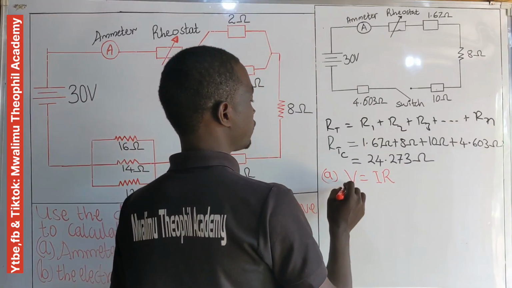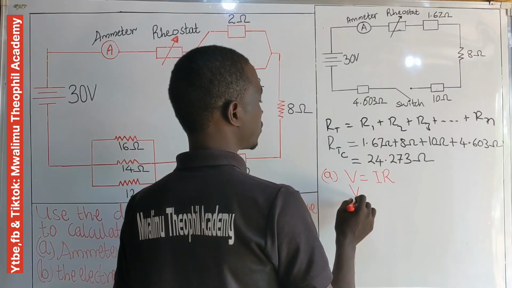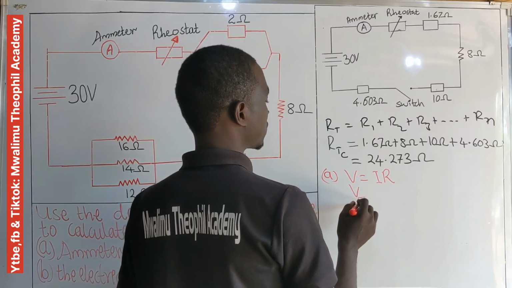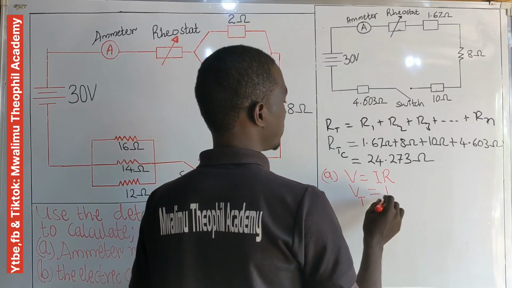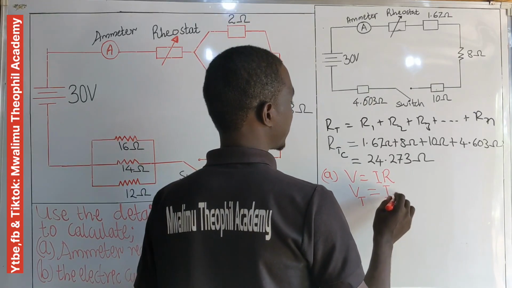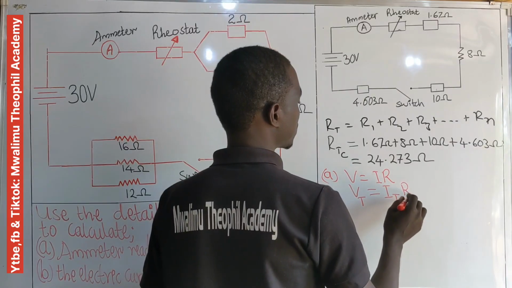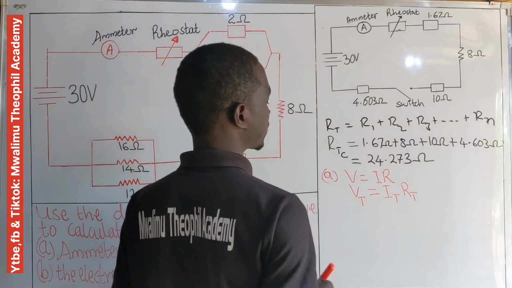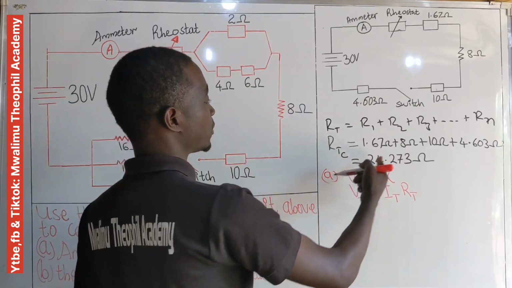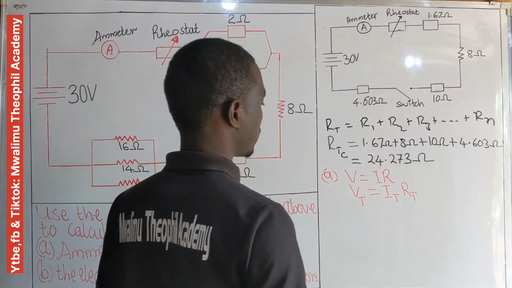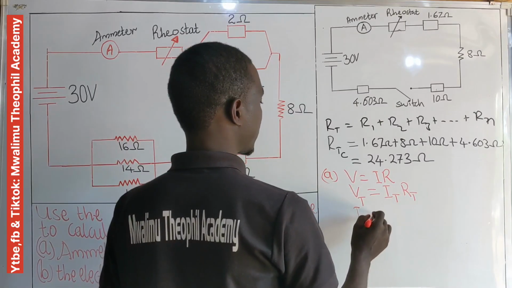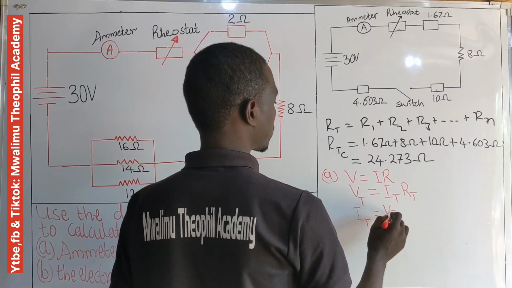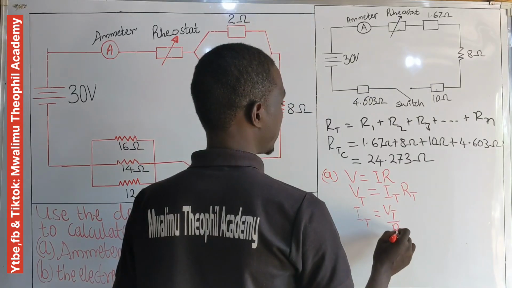Now, the voltage used is the total voltage. The total potential difference will be equal to total current I total times total resistance R total, where the total resistance of the circuit was obtained as 24.273 ohm. To get the total current, the circuit current will be equal to V total divided by R total.